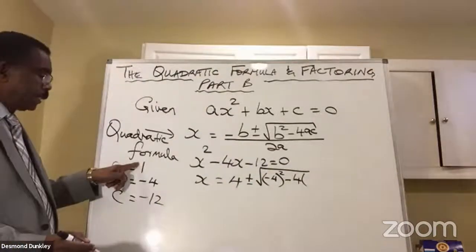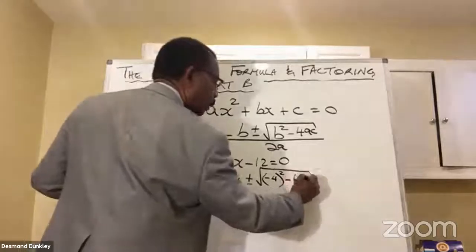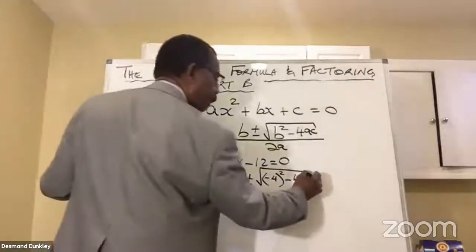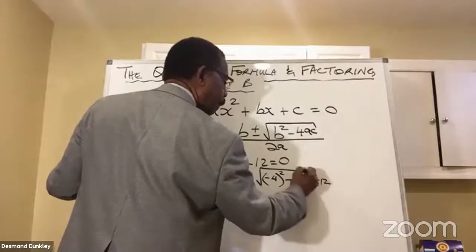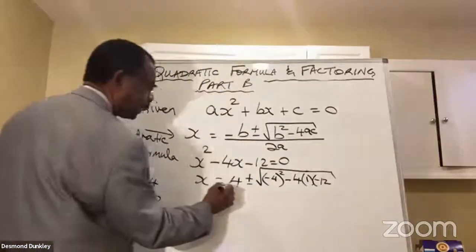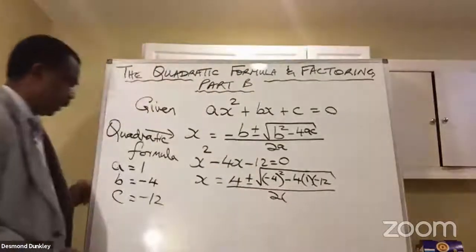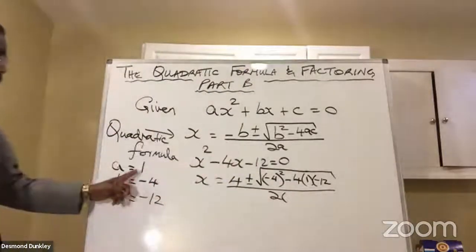What is a? A is 1. And then c. What is c? Negative 12. And it's all of that over 2 times a, and a is 1.